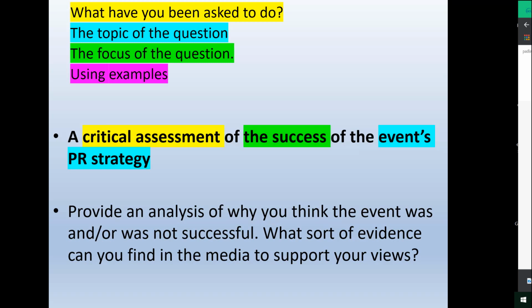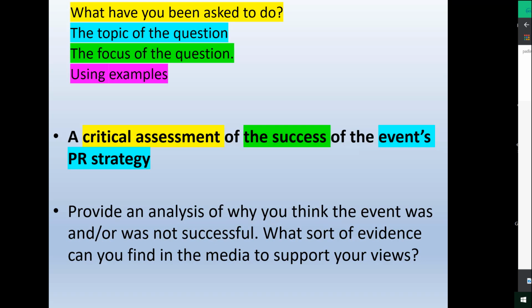And there's a really useful part underneath which is really instructive. It says, provide an analysis of why you think the event was and or was not successful. What sort of evidence can you find in the media to support your views?